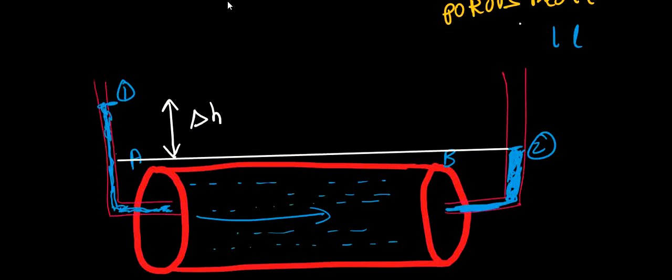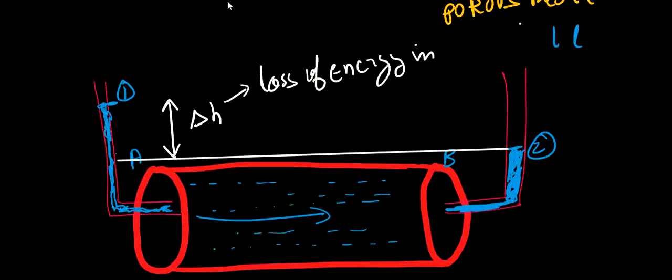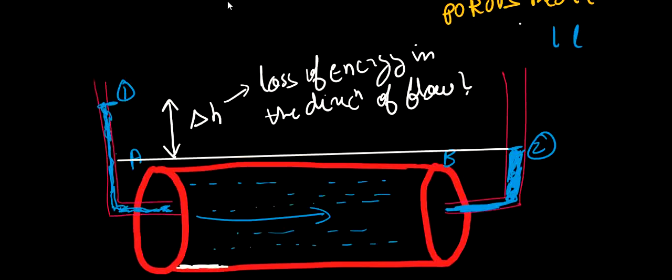Why is this head difference occurring, or why is there a loss of energy in the direction of flow? The loss is mainly because of the frictional forces that are acting on the inner boundaries of the pipe.